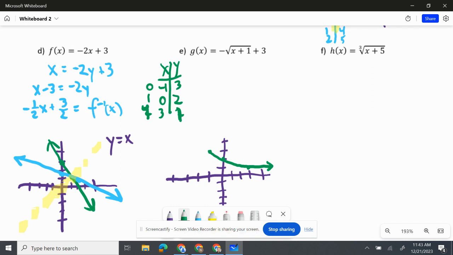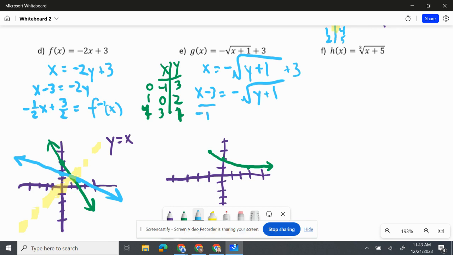In order to find the inverse, I'm switching my x and y. So x is equal to negative square root of (y plus 1) plus 3. I subtract the 3. I divide by -1. And then I'm going to square it.